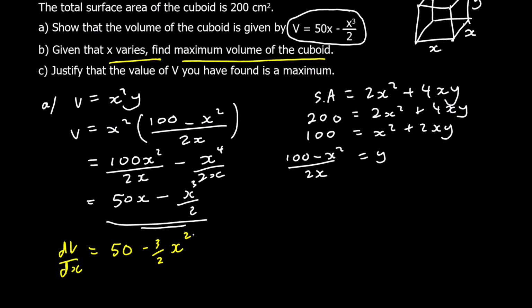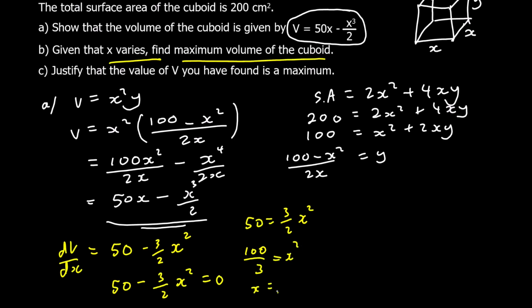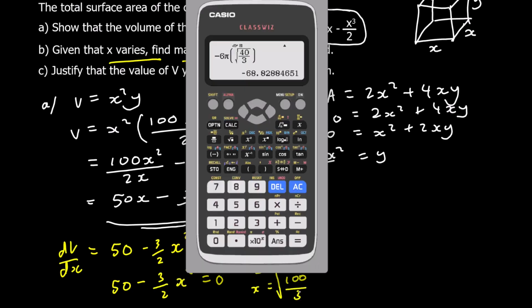That's a turning point. That's where the gradient is equal to 0. So 50 minus 3 over 2 x squared equals 0. So 50 equals 3 over 2 x squared, times by 2, divide by 3. So x is the square root of 100 over 3.